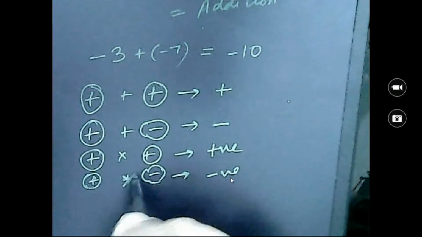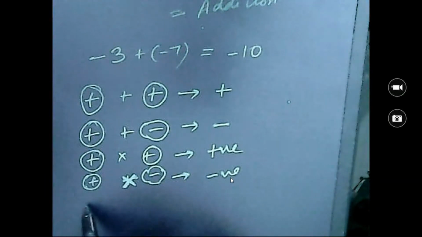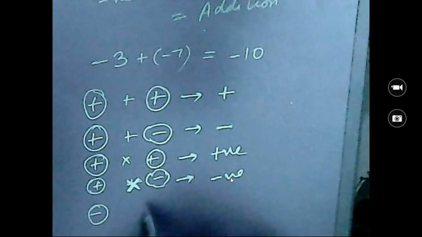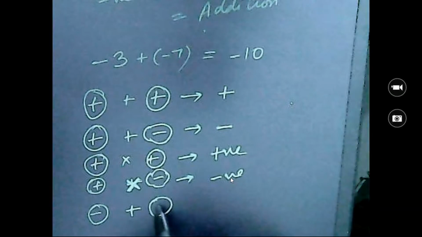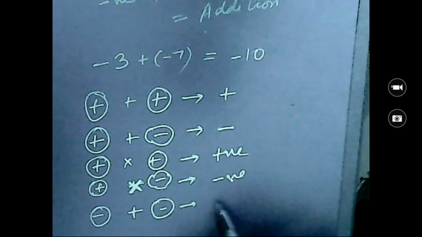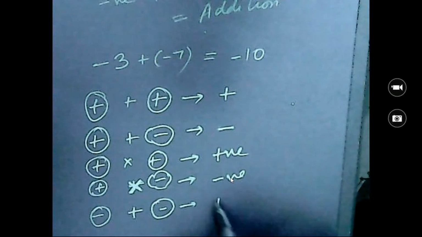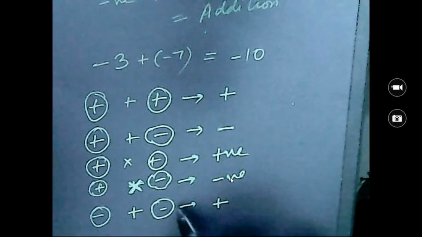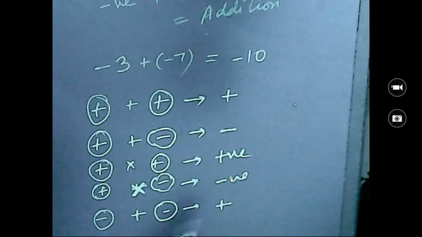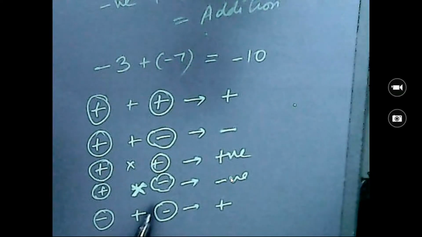This is multiplication. Then let's say if we have minus and we add it with minus, what we have to do is go for addition, and the sign carried by the result will be the sign of the greater number. Fine.